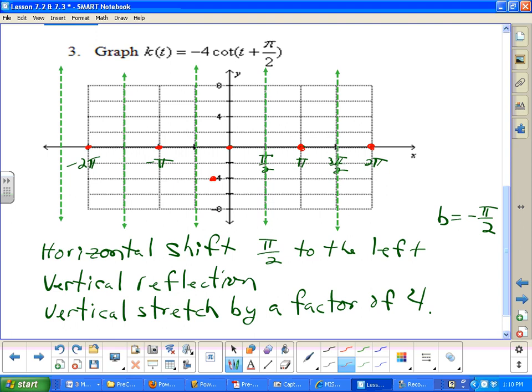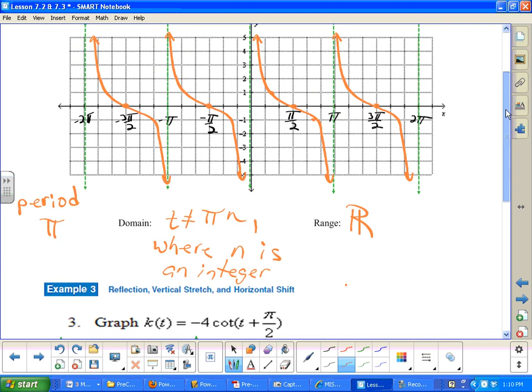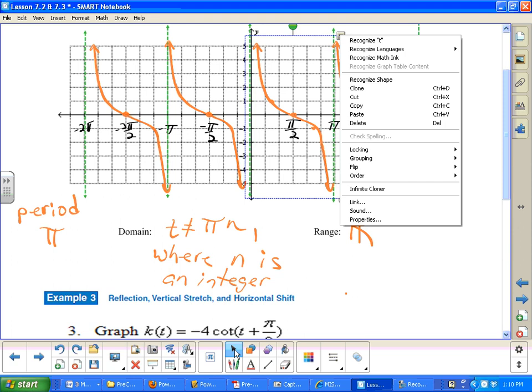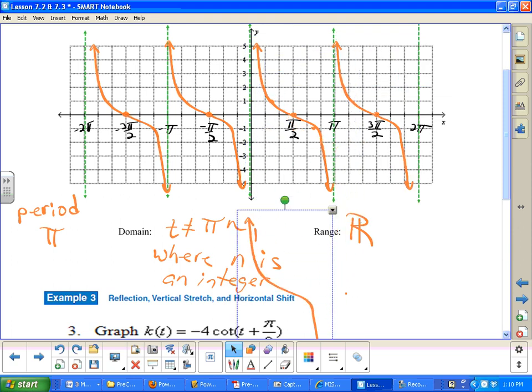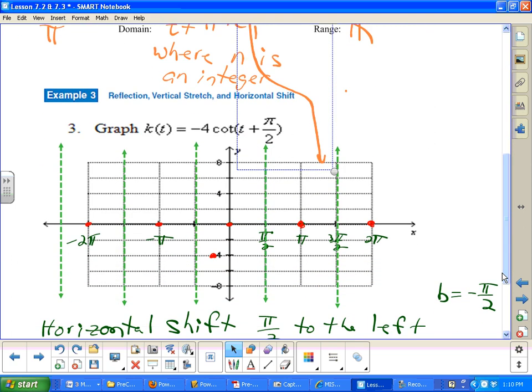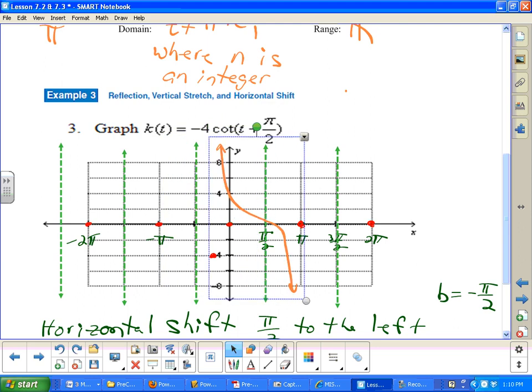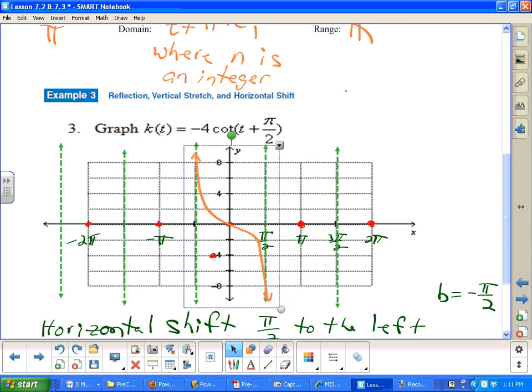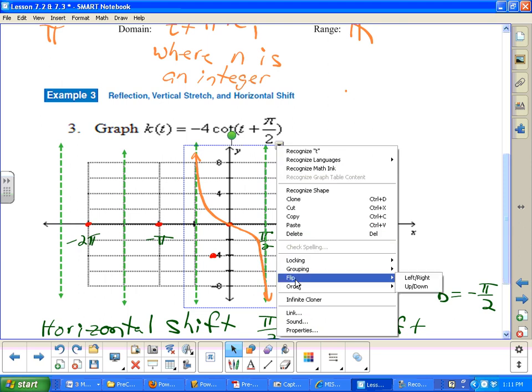All right. So what I did is I took my graph, so this would have been here, right? It was there. So when I slide it over here, I have to take the reciprocal and stretch it.